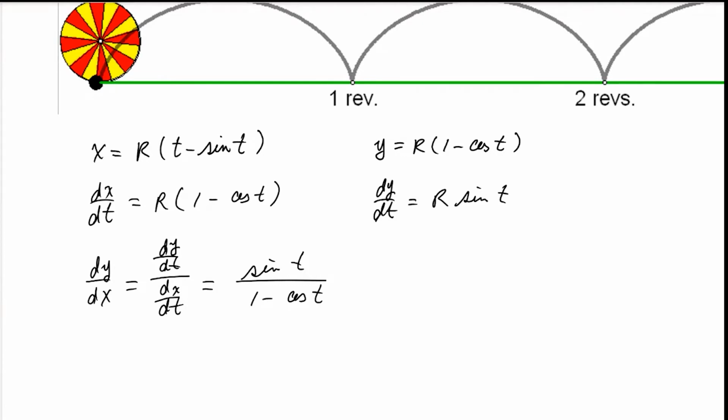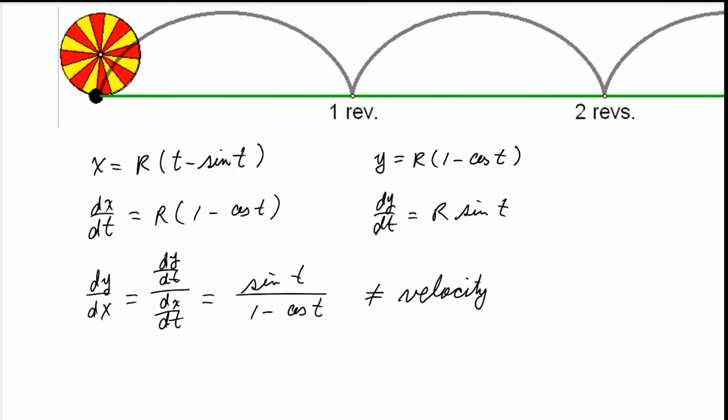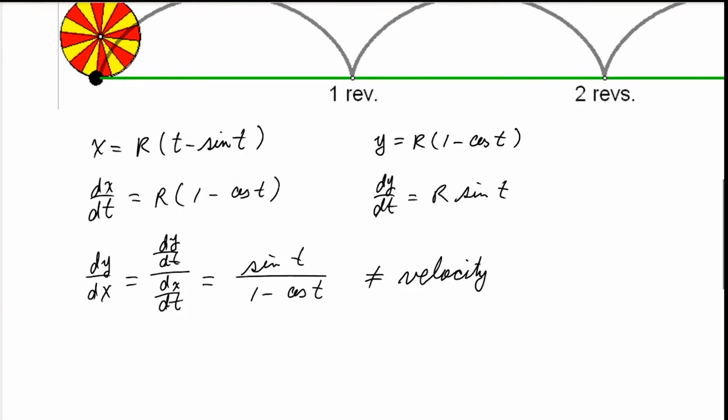Okay, now I want to find out where it is vertical. Oh, by the way, is this thing velocity? No, no, no, no. This dy over dx is not velocity, right? What is our velocity? See, remember velocity, this r vector function is what this thing is: r times (t minus sine t), and then r times (1 minus cosine t).